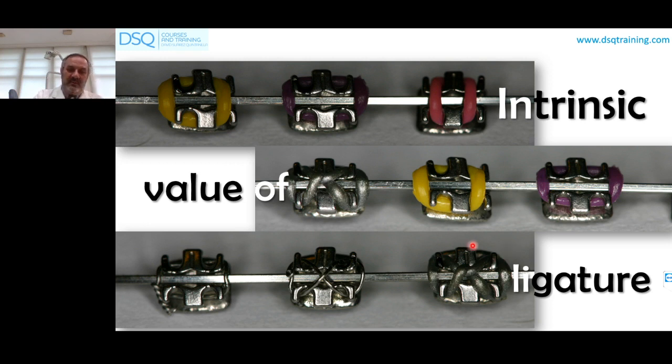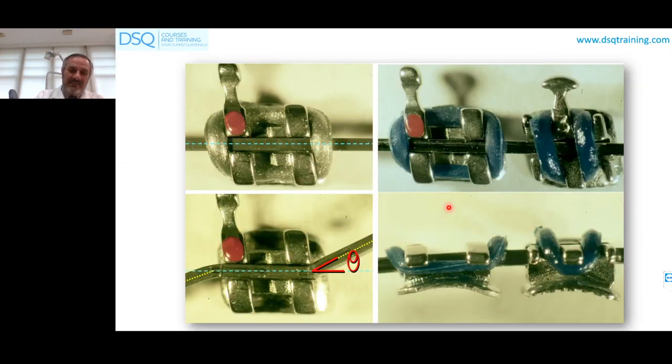The opposite, when we ligate the Synergy and engage only the central wing, you can see the elastic is not in contact with the wire, because the design of the Synergy produces an over elevation of the wings in this part, and the friction is close to 0, less than the self-ligating bracket that I will show you after.